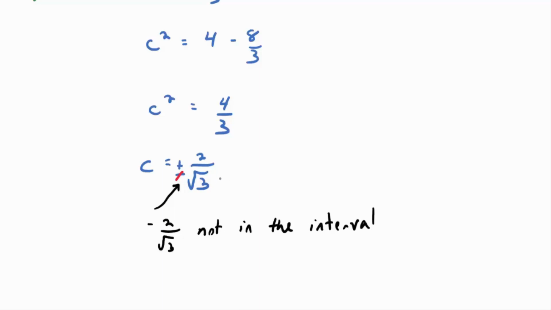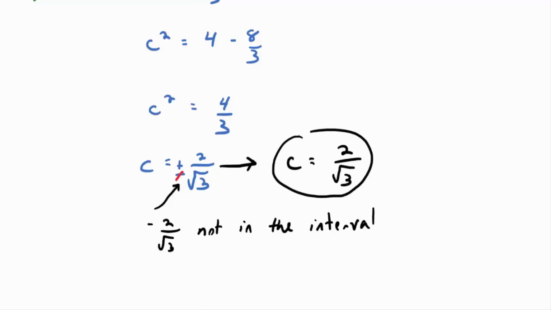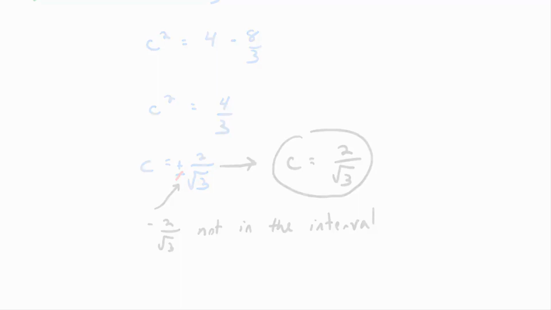So the only c we're going to take is c equals 2 over root 3 for part B. Okay, so the idea is if you plug in 2 over root 3 into f, then that height value is the average height of the function over the interval 0 to 2.